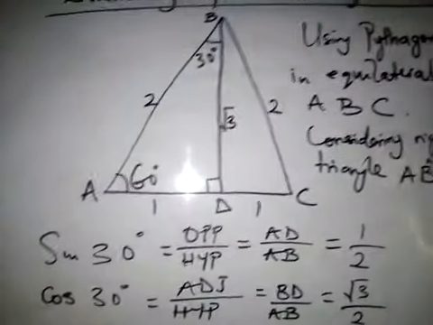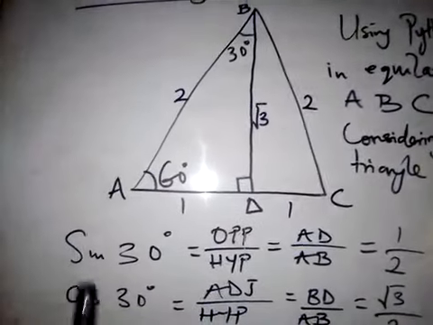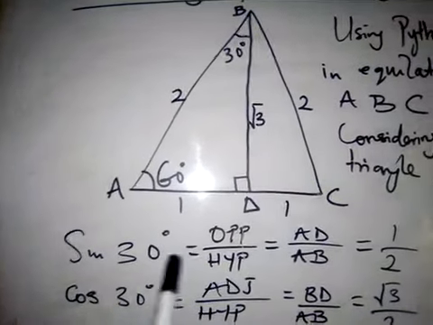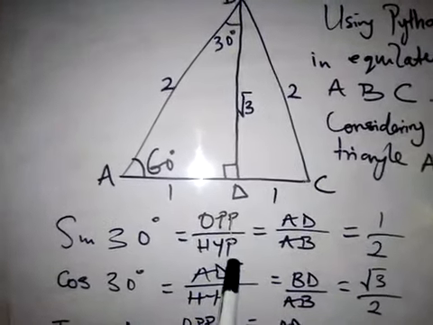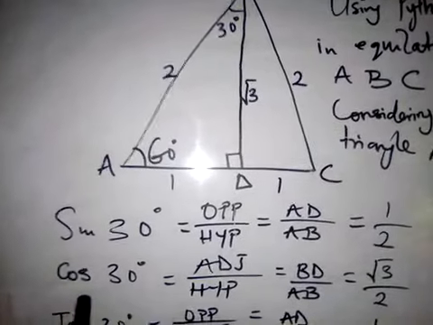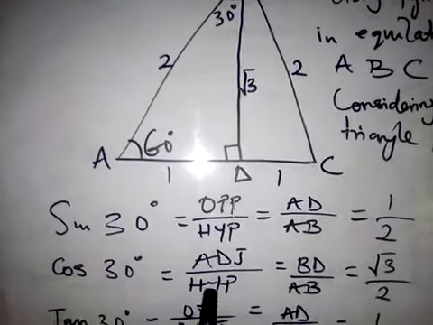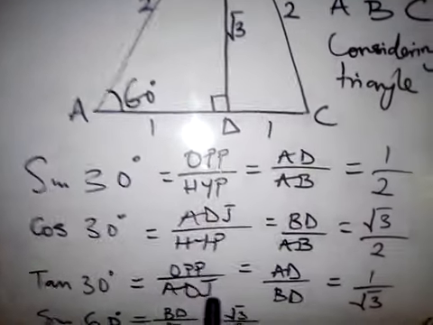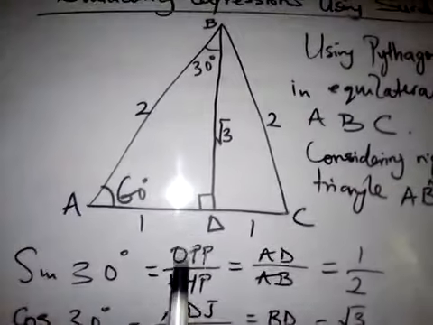So now normally you could remember that sine is equivalent to what? Opposite over hypotenuse. And cos is adjacent over what? Hypotenuse. While tan is what? Tangent is opposite over adjacent. And how do you observe?